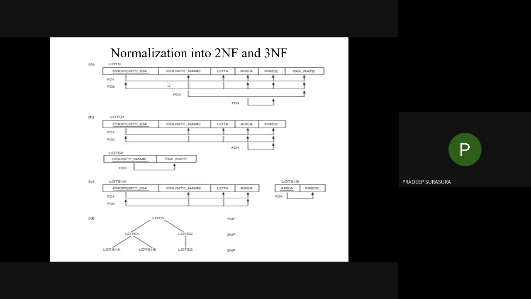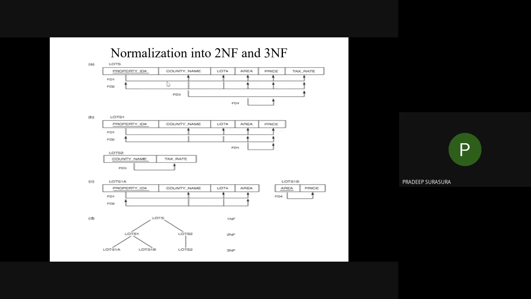Now you have 4 FDs defined. FD1: property ID determines country name, lot number, area, price, tax rate. FD2: country name and lot number both determine property ID, area, price, tax rate.